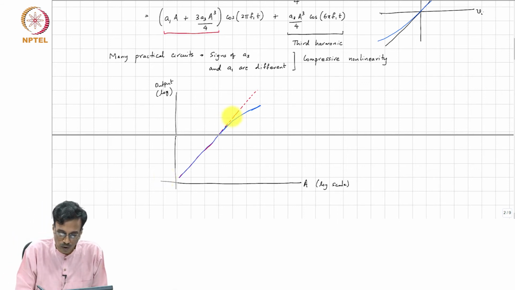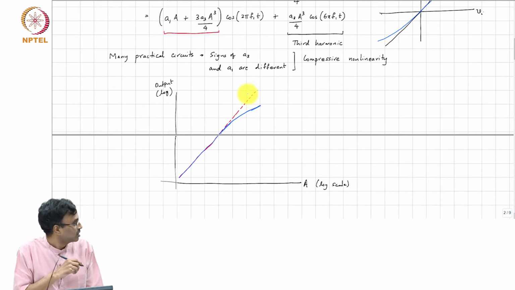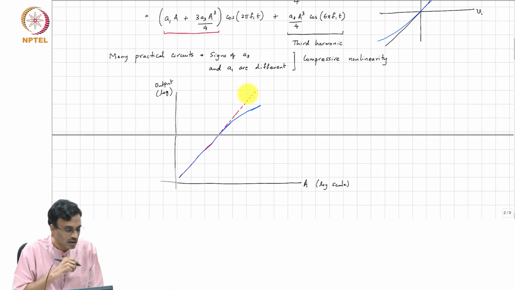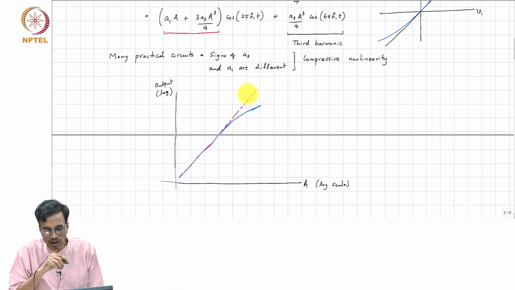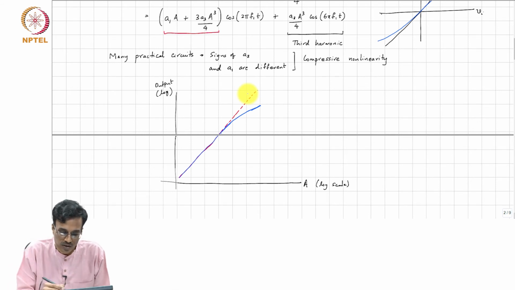So, as you can see, the effective gain, if you want to think about it that way, which is the slope of this characteristic, keeps decreasing as you keep increasing the input amplitude, right. So, this is what is called gain compression.